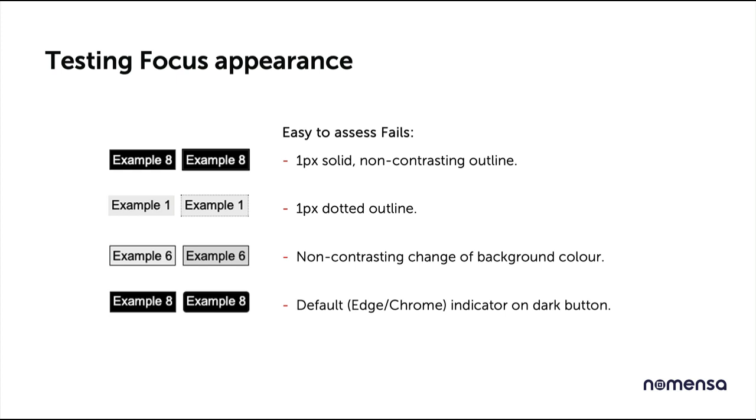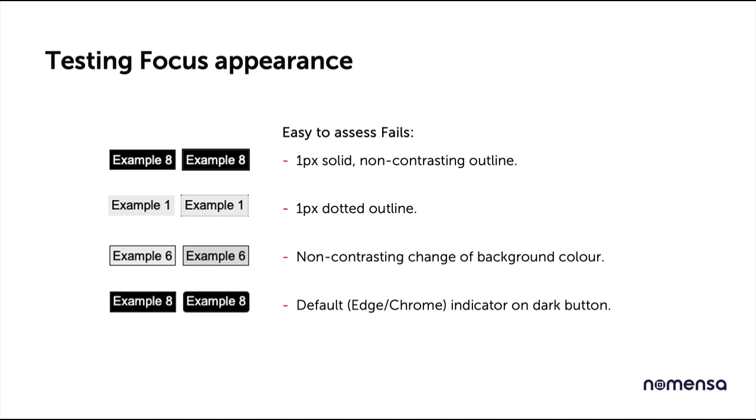There are some which are quite easy to fail. So if you've got a 1 pixel non-contrasting outline, or a 1 pixel dotted outline, or a changing background color that isn't a very big change of contrast, or if you're using the default indicator, say on Firefox or Safari, if you've got a blue background with a blue indicator, that won't pass, and nor will the default Edge or Chrome indicator if you have a dark button and don't do anything else to the indicator.